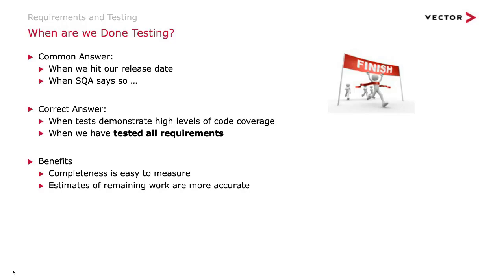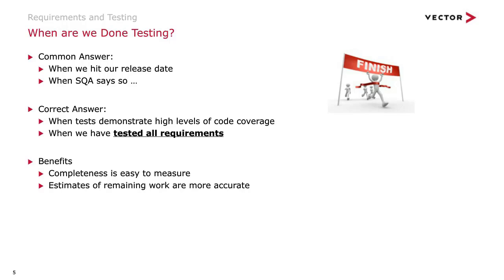The code coverage goes along with that. We want to make sure that all of the requirements have been tested. Secondly, that the code that's being delivered in that system matches up with the requirements. Once we've tested all of that, we should see a very high degree of code coverage.